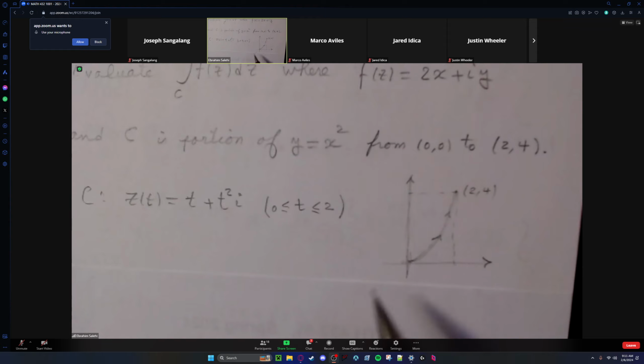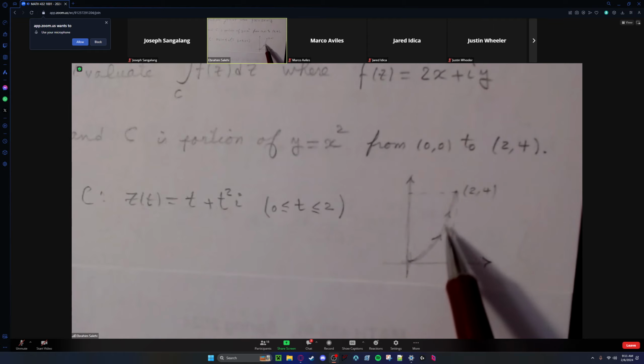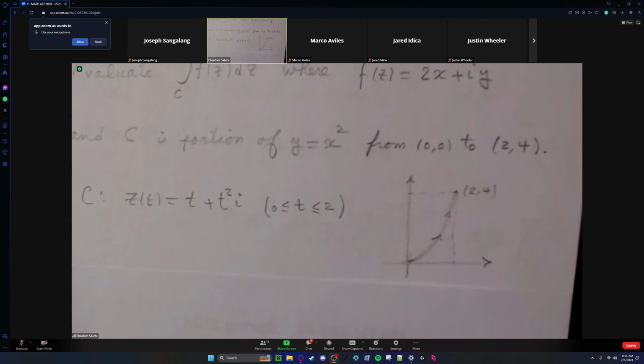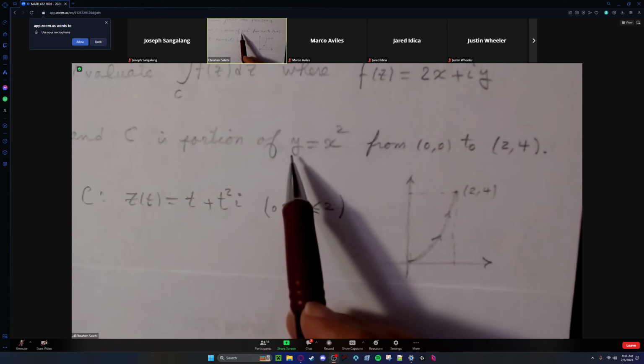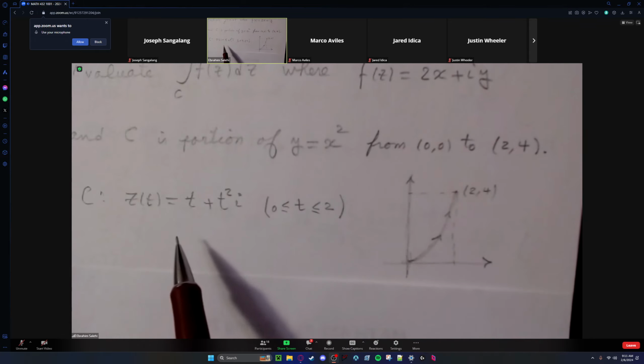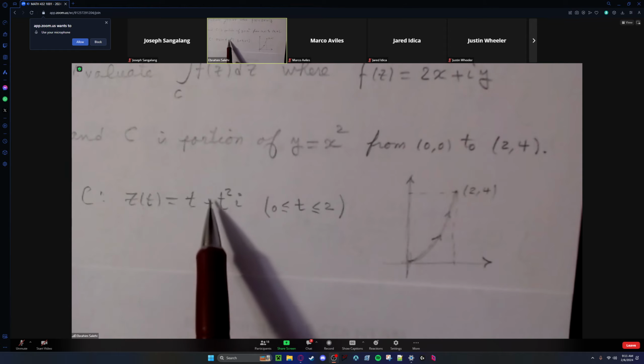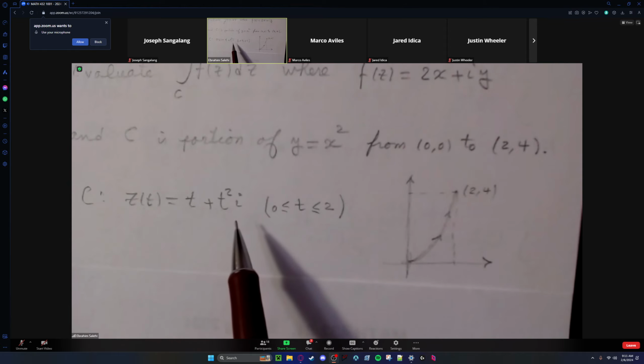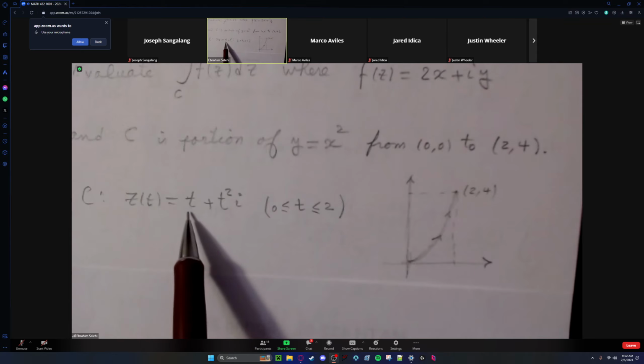One way to take care of this is to parameterize this curve, to find the equation of that curve in complex form. And in this case, it is not that bad. Anytime the curve is given as y equals f of x, the parameterization is t plus f of t times i.